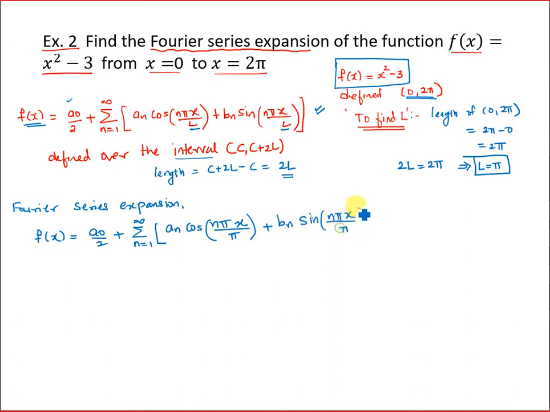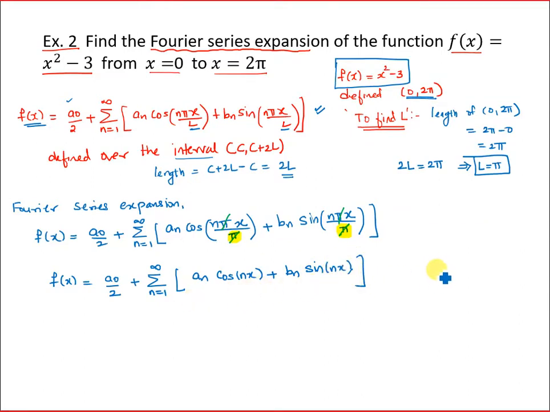Again in place of L we have pi. So what we did, we just substituted the value of L as pi. Now we will simplify it. We cancel pi with pi because it's the angle. So this will give you the Fourier series expansion of the function as a0 over 2 plus summation of n from 1 to infinity a_n cos nx plus b_n sin nx.